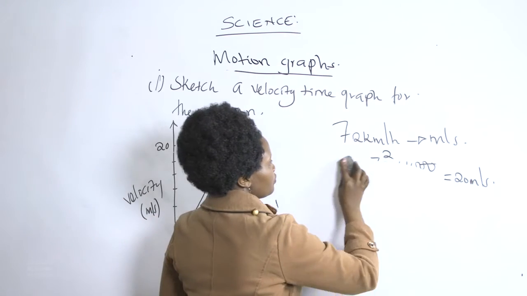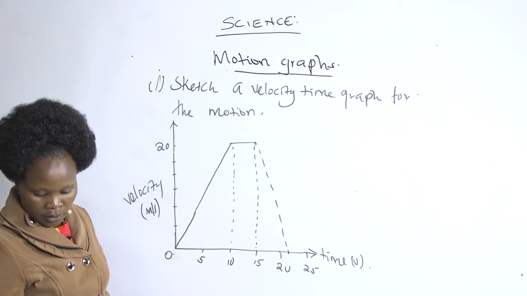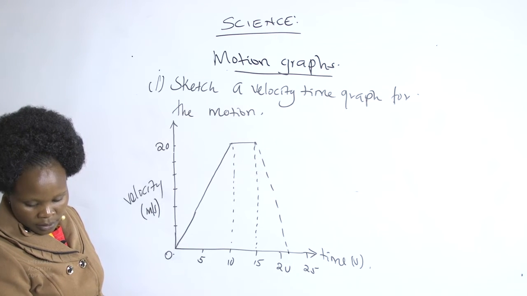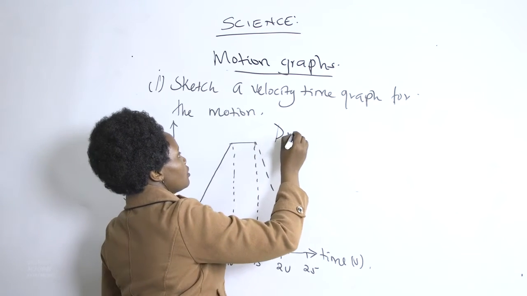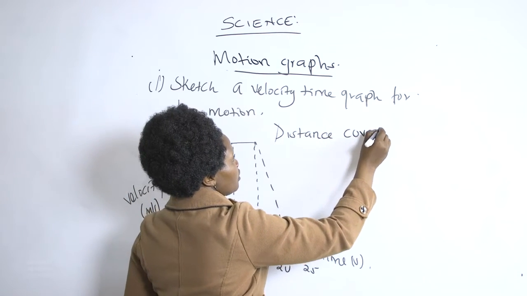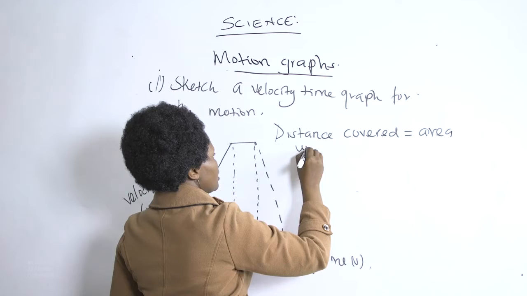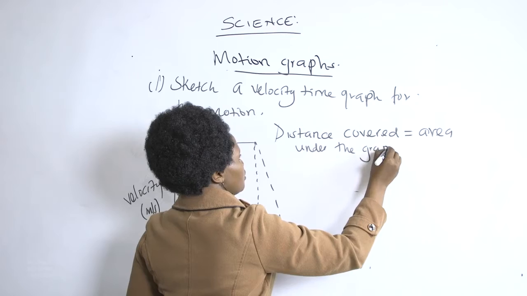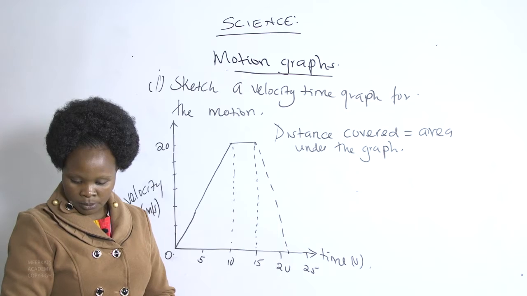Part 2 of the question requires us to get the distance covered by the car. We have said this is the same as the area under the graph, and I want to take it to be a trapezium.